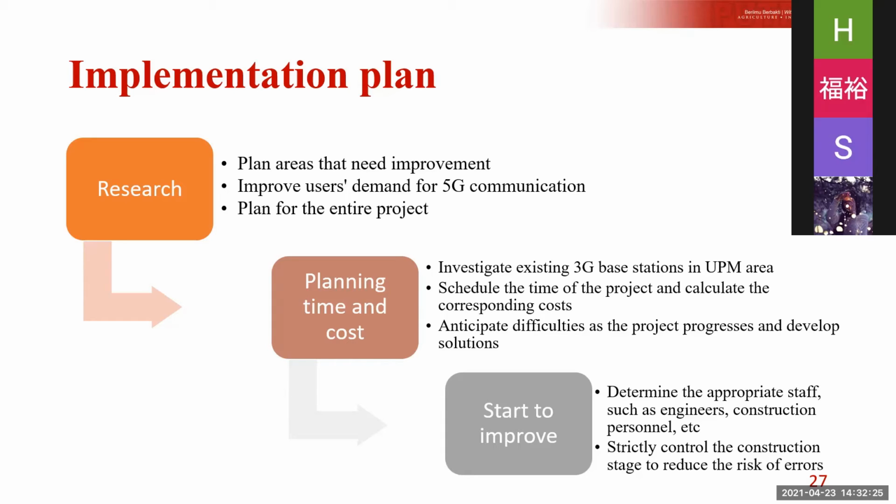And the last is we need to start to improve the 5G base station. In this part, we need to determine the approach such as engineering, construction, personnel, and so on. We also strictly control the construction states to reduce the risk of error.